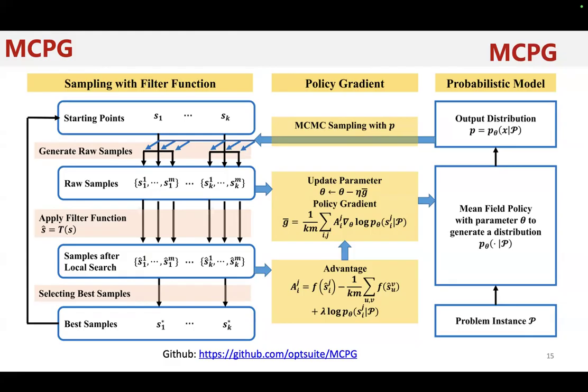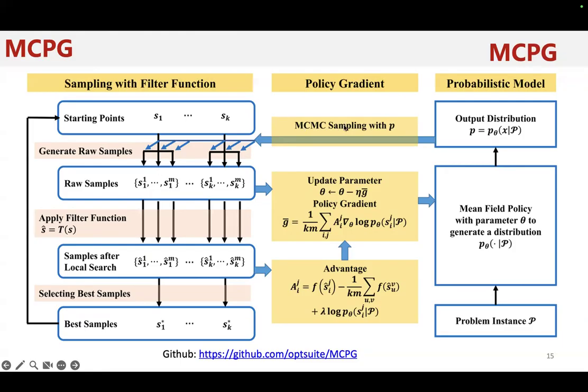So we have to do more to improve the performance. Here is our algorithm, a pipeline. For a given problem instance, we parameterize the distribution, and then we do sampling with respect to p to obtain k starting points. For each of the starting points, we generate m Markov chains.